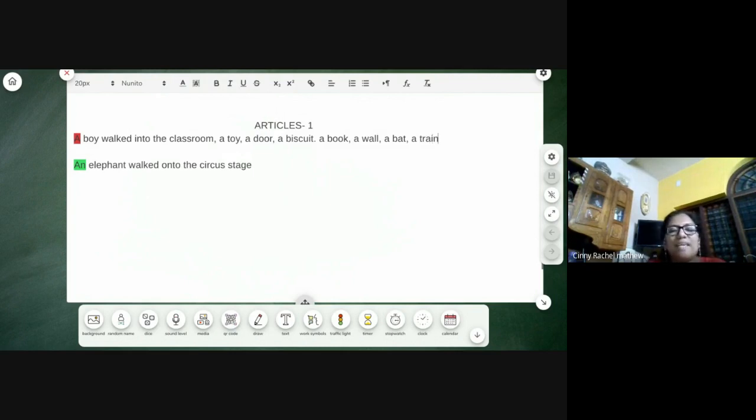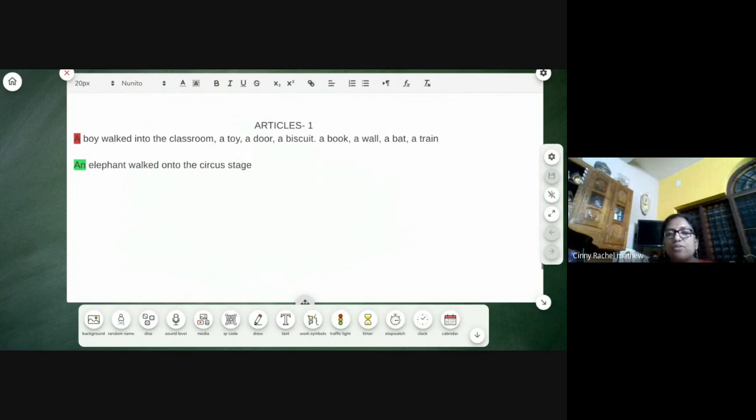Now, if you look at the pattern of the nouns that follow the indefinite article a, you find that all the nouns that follow them begin with a consonant sound.